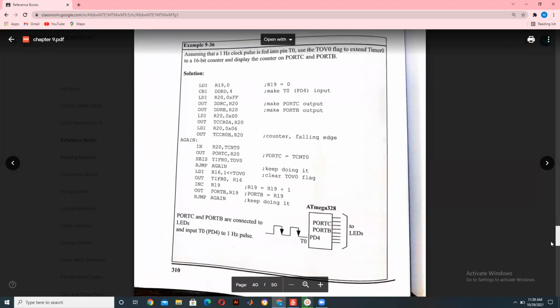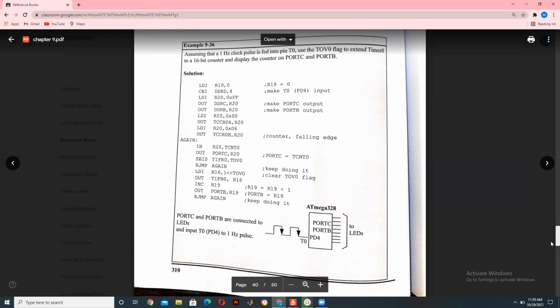Then example 36: assuming that a 1 hertz clock is fed into pin T0, use the TOV0 flag to extend timer 0 to a 16-bit counter and display the counter on port C and port D. Simply LDI R19 0 and R16 equals 0, make T0 pin 4 of port B an input, and then we make port C as output and port B as output.